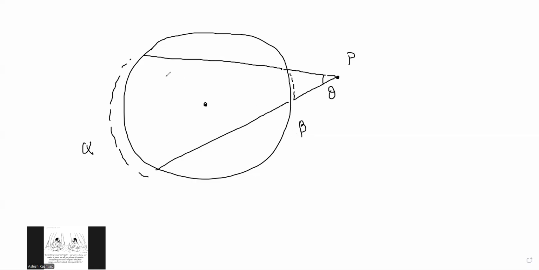Okay, let me just make some angles like this. Let's say, what is the angle made by the arc at this point? This point would be beta by 2, right? Yes. And what is the angle made by this arc at this point? This point is alpha by 2, and now it's over again. We don't have to connect to the center ever. Do you see that it is over now?